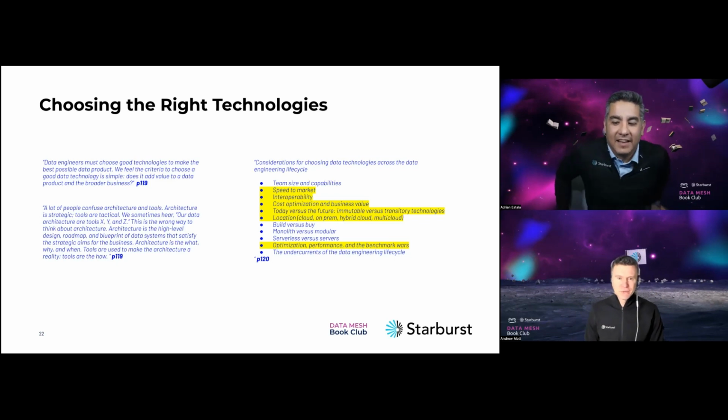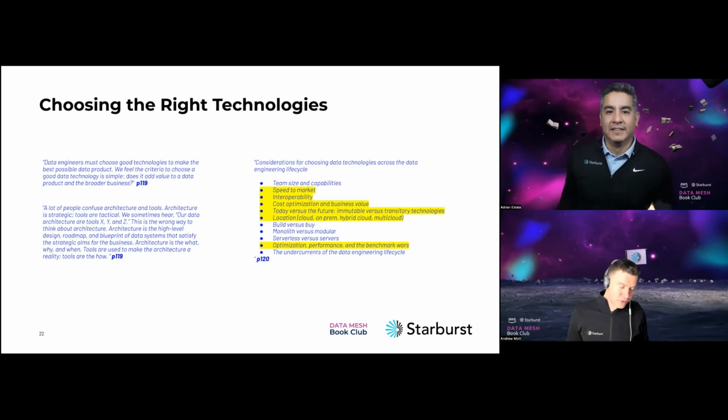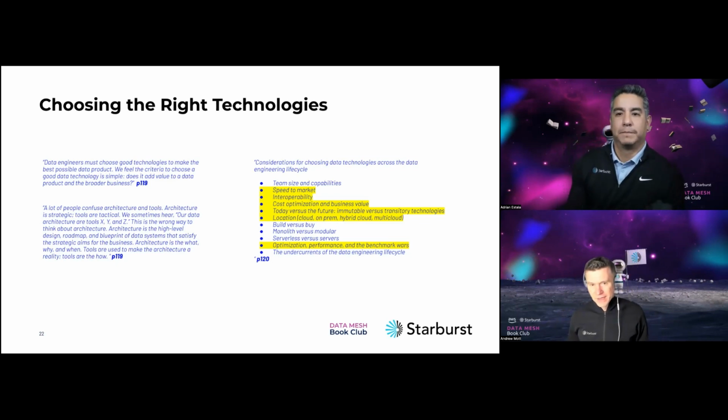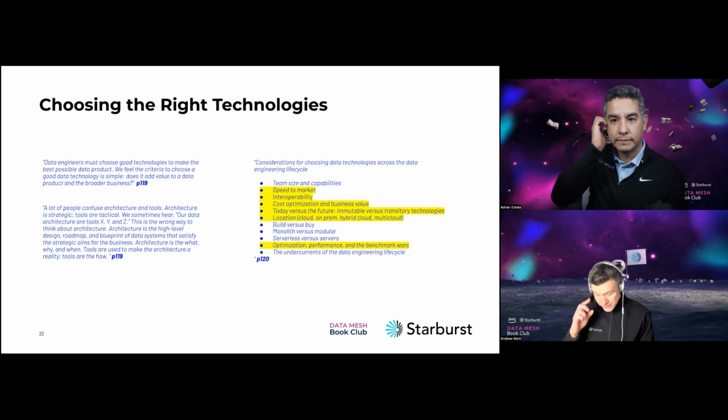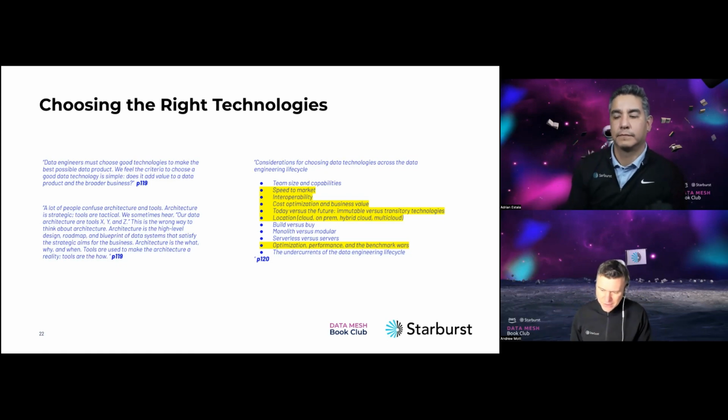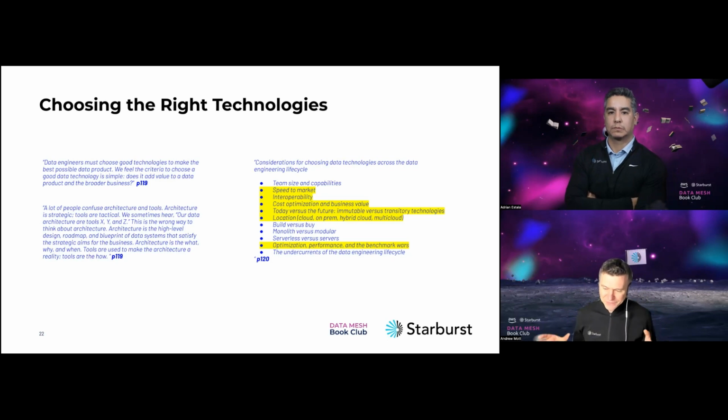So I think about location here, and this idea of choosing the right technologies, right? Should we go to the cloud? Should we go to on-prem? Should we do some combination of on-prem and in the cloud? And the reality is we don't have greenfield sites. Everyone has stuff.